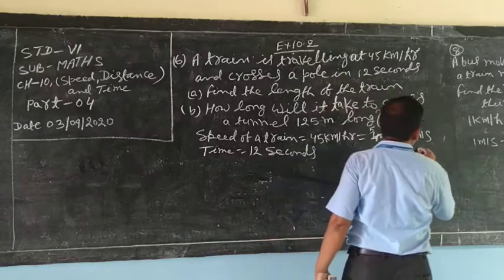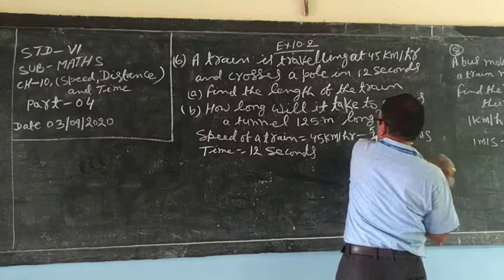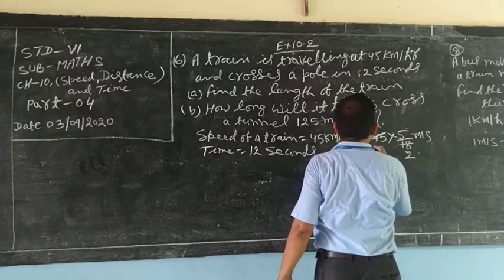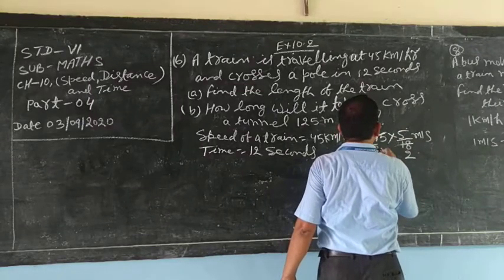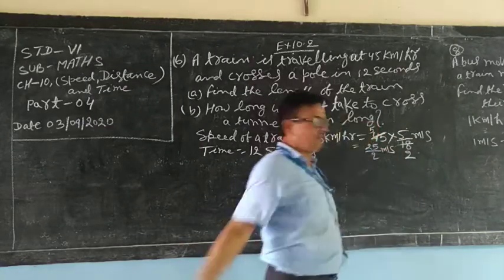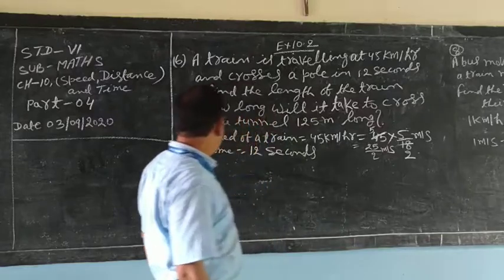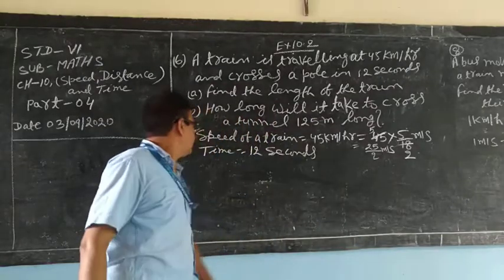So what is your answer? It will come 5 into 5, 25 by 2 meter per second.